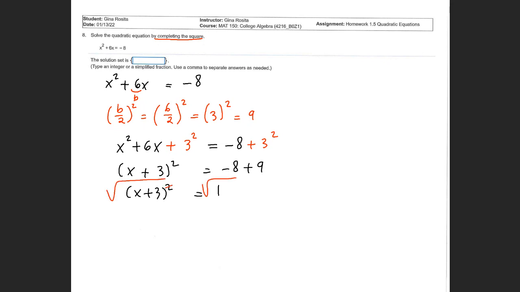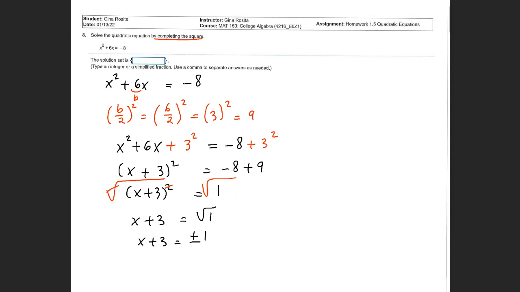So this cancels. The answer becomes x plus 3 equal square root of 1. Square root of 1 is plus or minus 1, so we write x plus 3 equal plus minus 1.